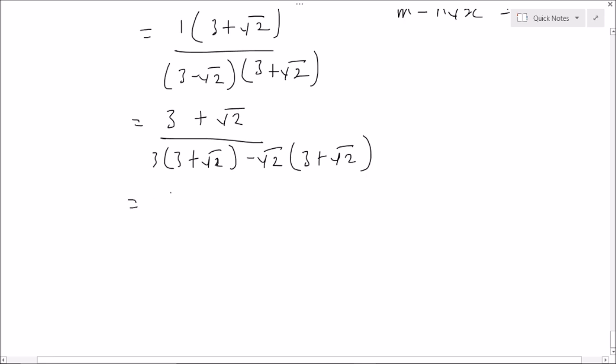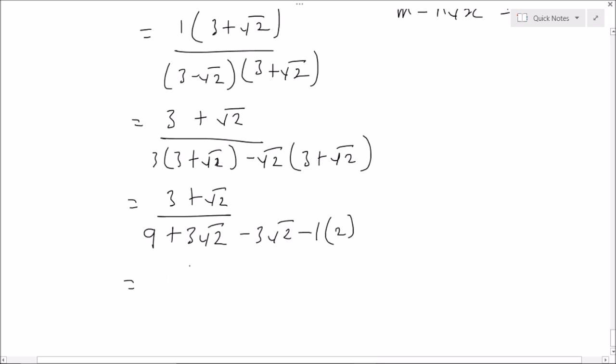This will give us 3 plus root of 2 over 3 times 3 is 9. 3 times root of 2 is positive 3 root 2. Minus root of 2 times 3 is minus 3 root 2. Minus root of 2 times root of 2: minus 1 times 1 is minus 1, then root of 2 times root of 2 is 2.